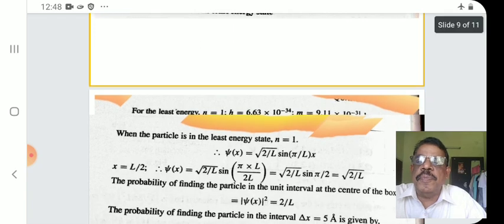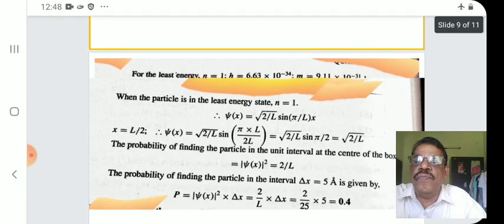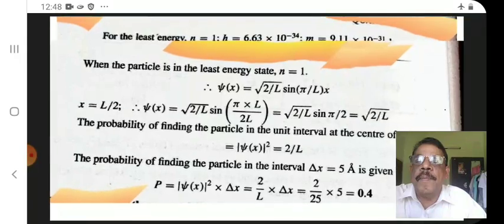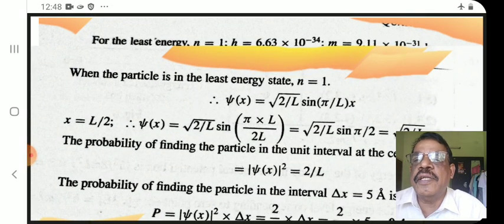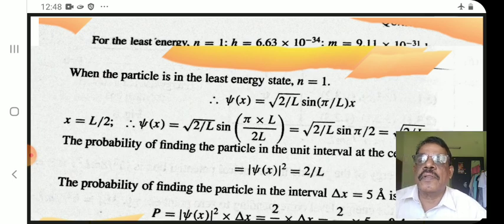To find the probability P, we have to find first the probability density. So to find the probability density, we have to remember the wave function. Here the particle is in the ground state.